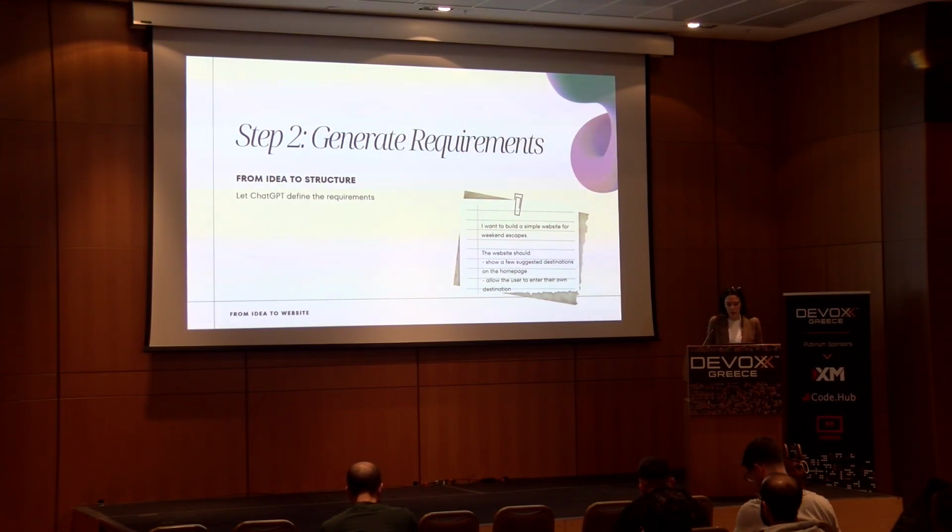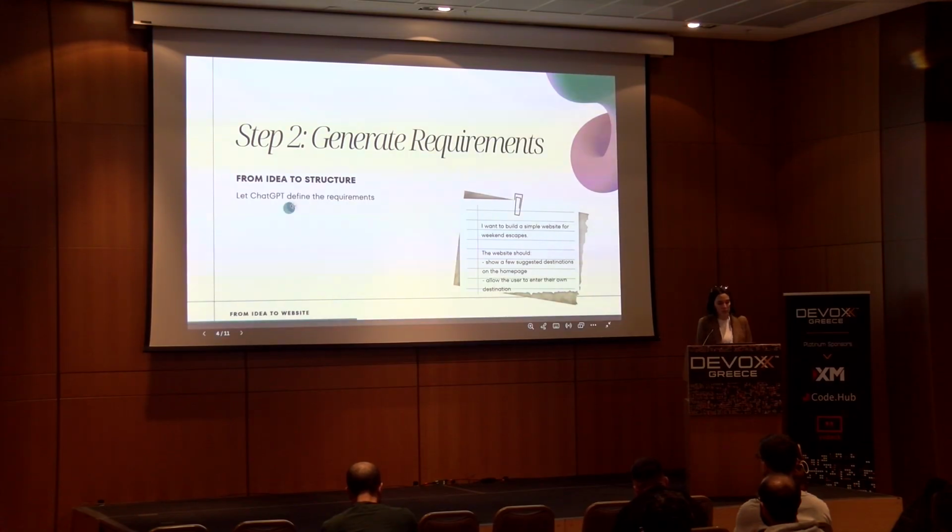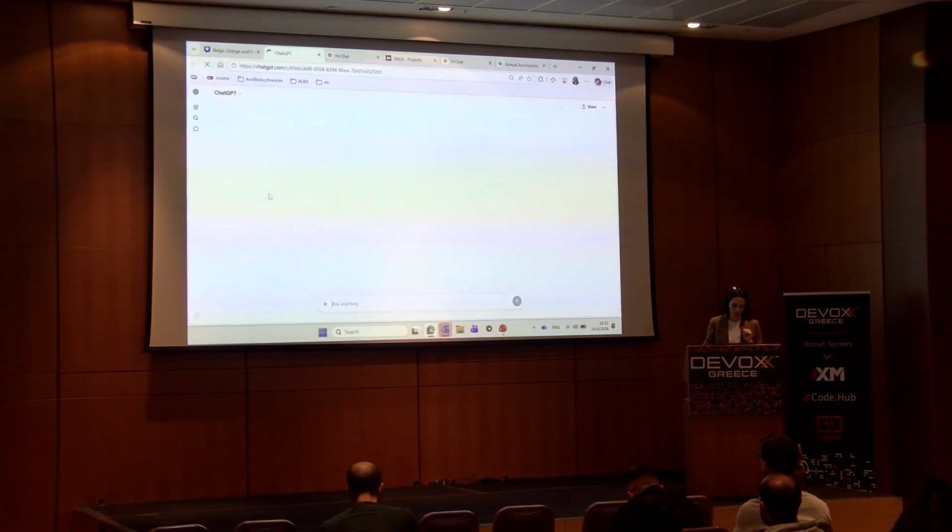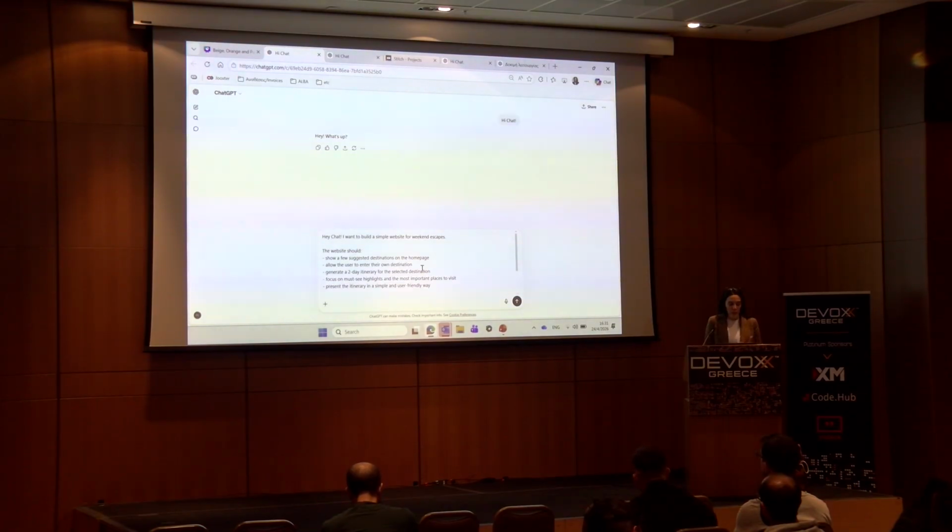Number 2, the requirements. The AI tools are here to help us stop the delays, or at least reduce them. So I will use ChatGPT to define the requirements for the idea I just mentioned. I hope it will open. It did, perfect. And I have already prepared the prompt for chat.